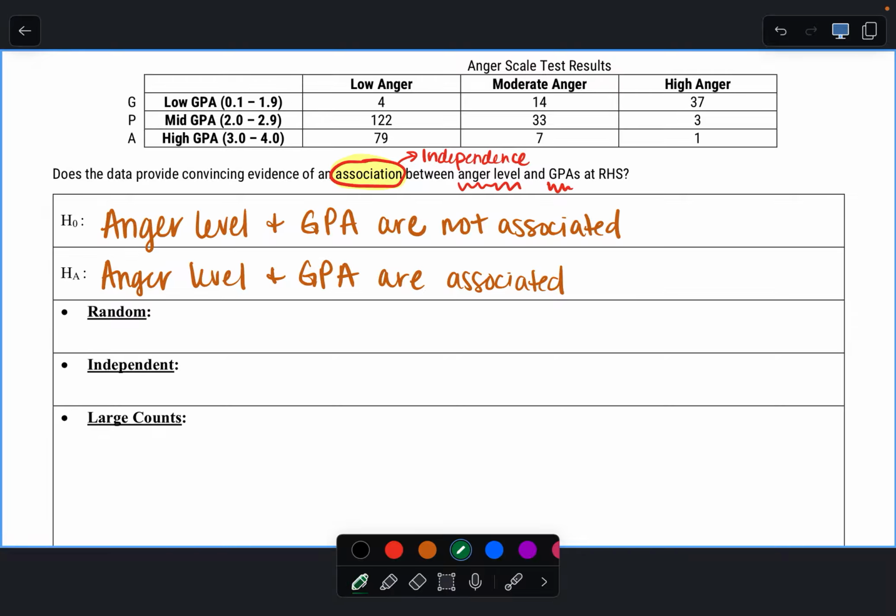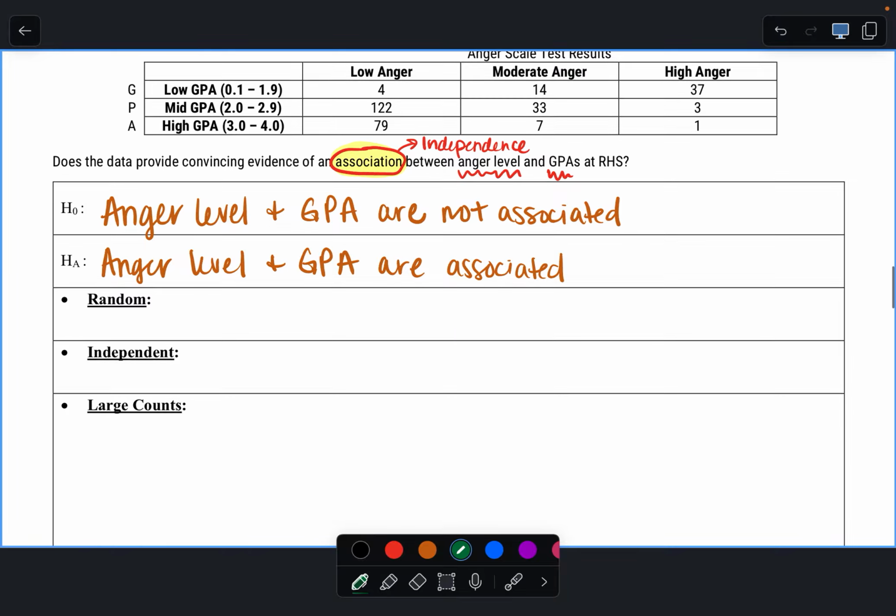We have three conditions. Two of them you should be super comfortable with at this point. They are taking an SRS of 300 RHS students. And remember, you can only say SRS if it says SRS. SRS is a type of random sampling, so they get real specific. You cannot just assume that is how they did it unless they say it.